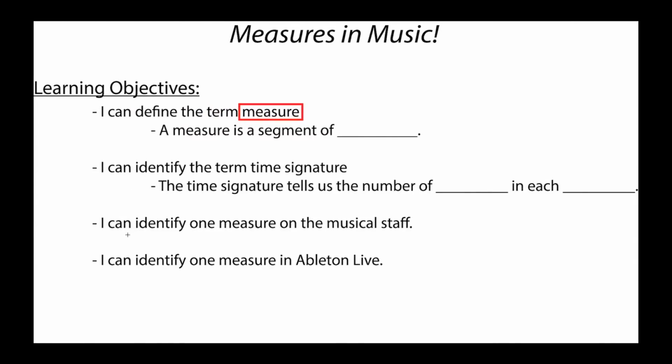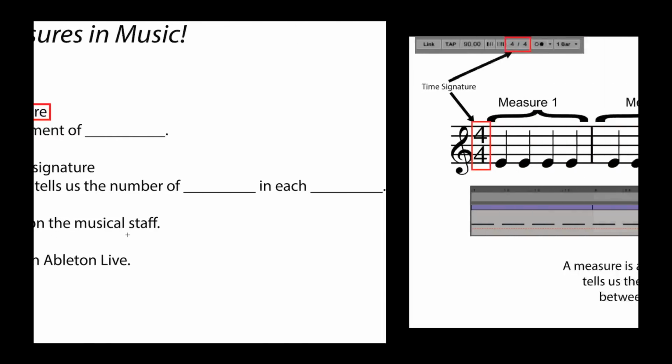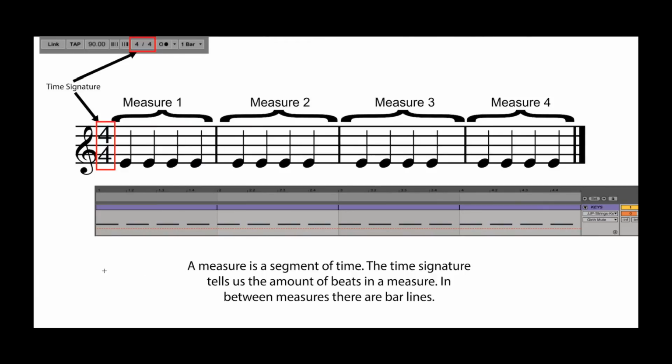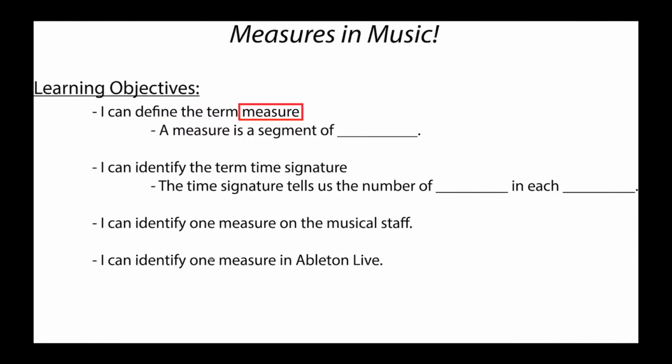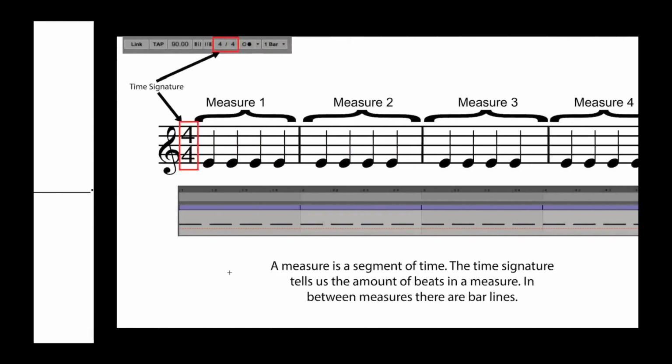I can identify one measure on the musical staff. What I'd like you to do right now is what we did before, and I would just like you with your finger to circle one of those 4 measures. Okay, so we could have circled this measure, or this measure. And lastly, I can identify one measure in Ableton Live.